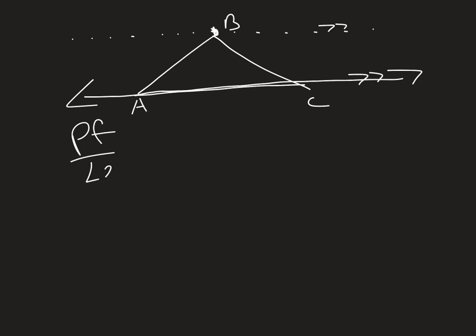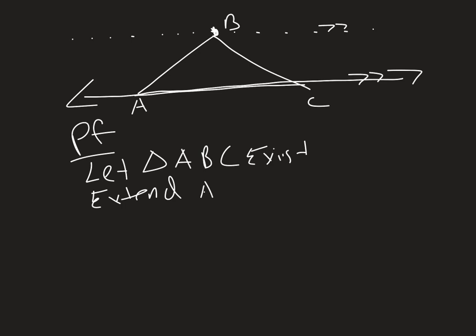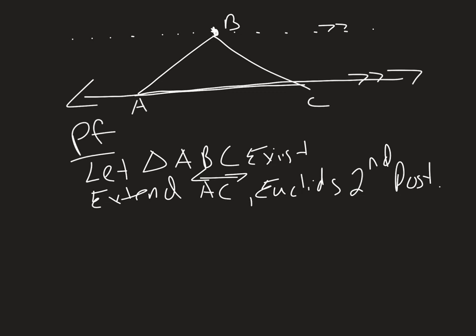So I'm going to let triangle ABC basically exist. And then we're going to extend AC into a line. And we can do this because of Euclid's second postulate, I believe. Okay.